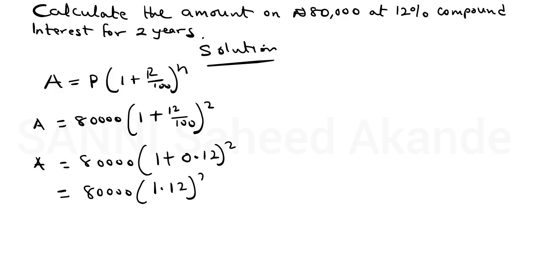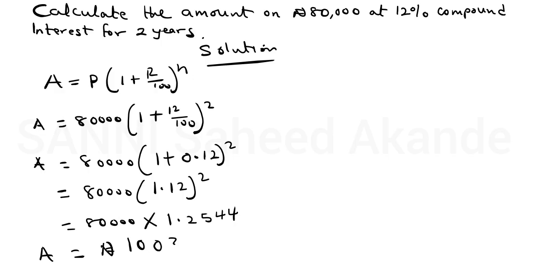So when you square 1.12, you are going to get 1.2544. So multiplying this together will get our amount to be equal to 100,352 naira. So this is the amount that we were told to calculate.